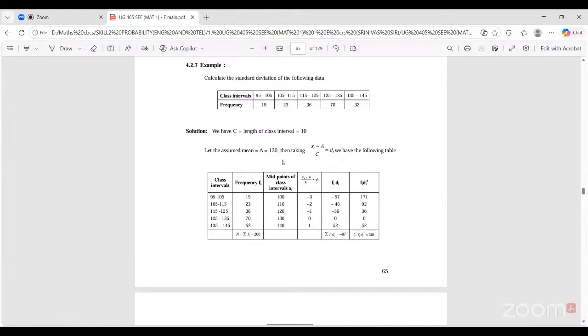Already we have written here a is 130. Here xi is 100, 100 minus 130, 30. Class interval 10. 30 by 10, minus 3, minus 2, minus 1, 0, 1.